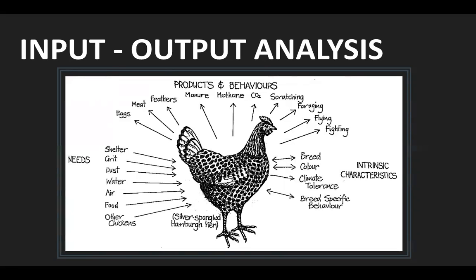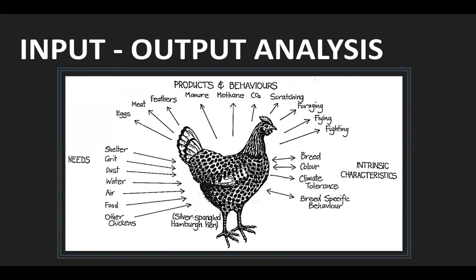This is the famous permaculture chicken. Some of you all have probably seen this before. So we begin by listing the innate or intrinsic characteristics of the chicken, right? So the size, color, weight, heat and cold tolerances, their ability to rear young, and you note that different breeds will have different characteristics.